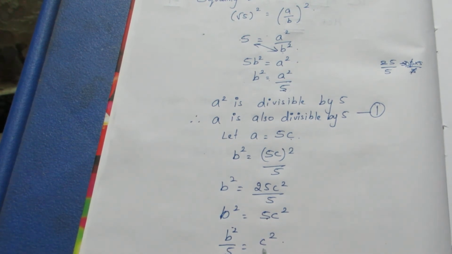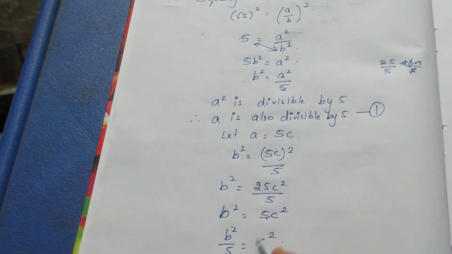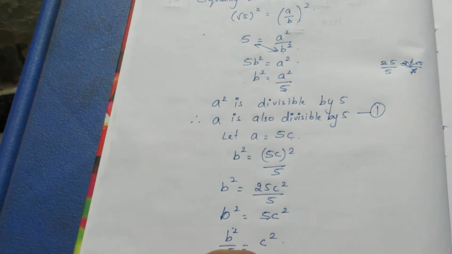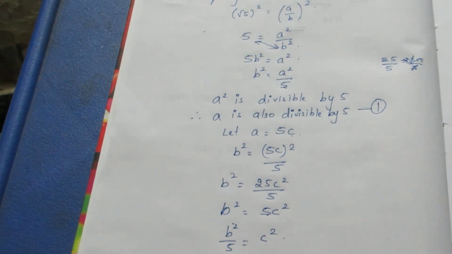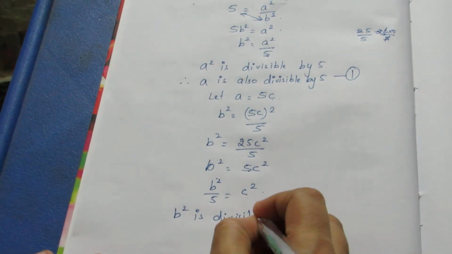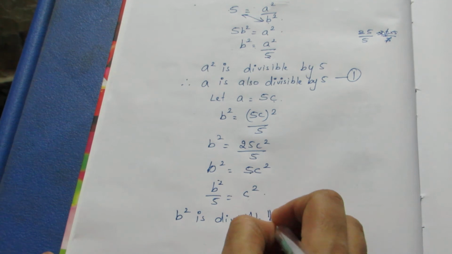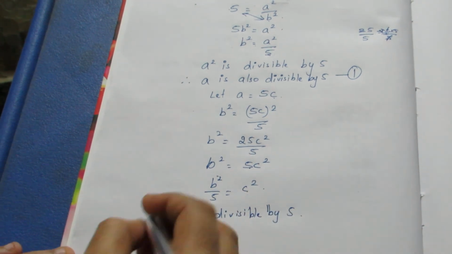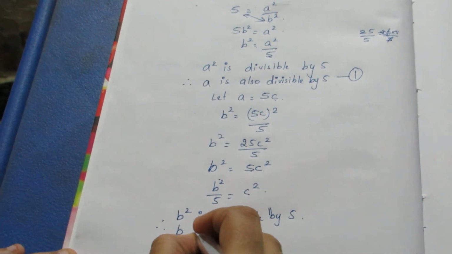This indicates that c is a whole number because there is no denominator. So here also b square is divisible by 5. That means b is also divisible by 5.